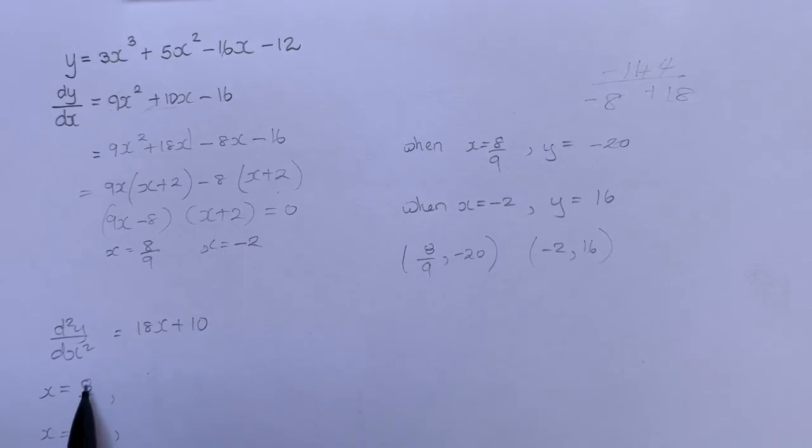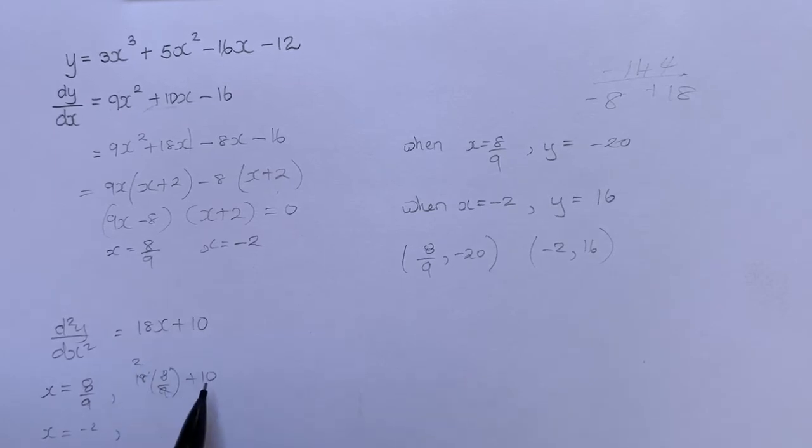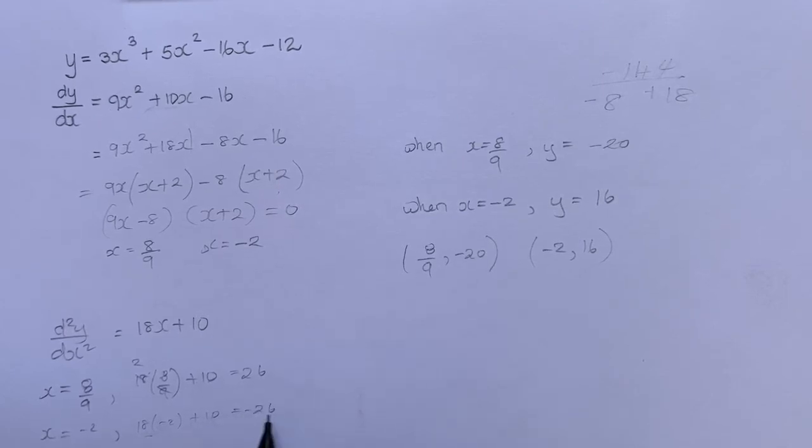So when 8/9 is plugged in place of x right here, cancel, leaving 16 plus 10, 26. And here, when our -2 is plugged in place of x, this will give us -36 plus 10, which is -26.